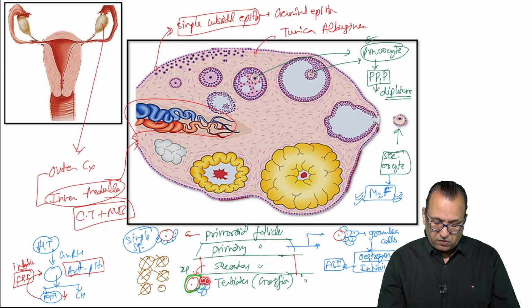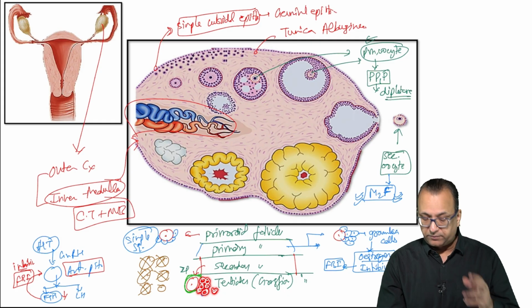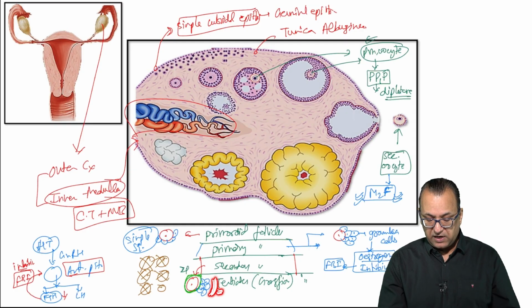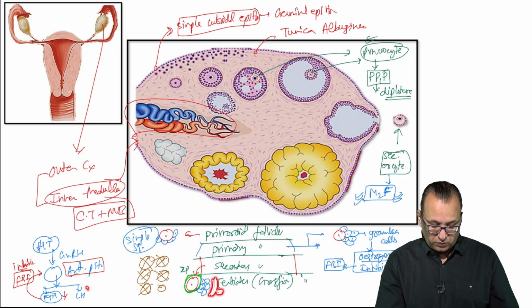The granulosa cells also give us what is called estrogen. Now how do you produce this estrogen? Actually, around the secondary follicle you will have some theca cells. The stroma cells condense to form theca cells, and those theca cells are under LH hormone. So LH hormone works on the theca cells. You can show them, there will be some theca cells also, and we will draw our own diagram as well.